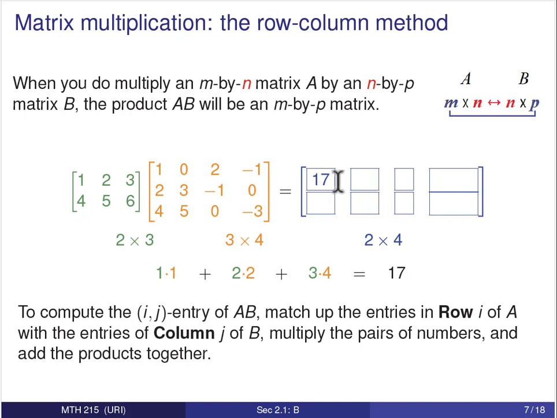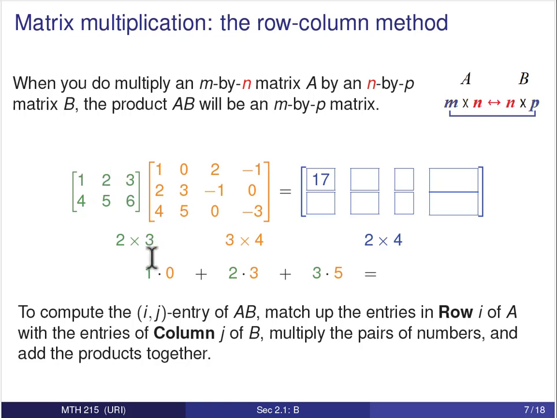We've finished filling in the 1, 1 entry. Let's move on to the entry in row 1, column 2. Again, because this is row 1, column 2, we're going to take the numbers from row 1 of the left-hand matrix and the numbers from column 2 of the second matrix.